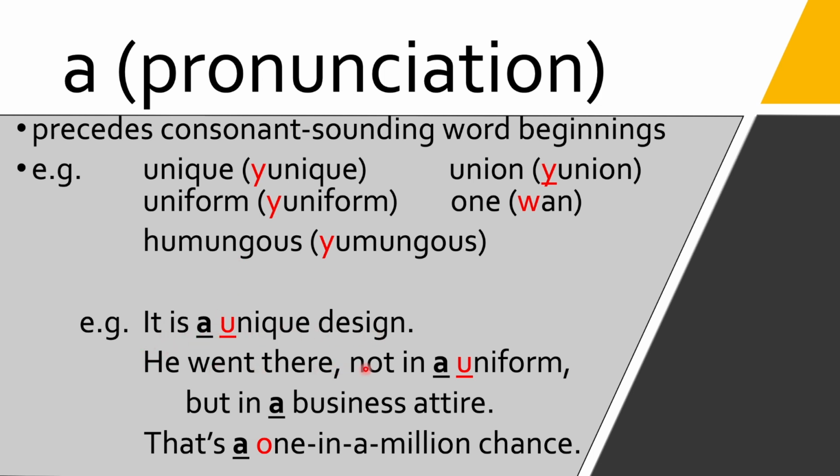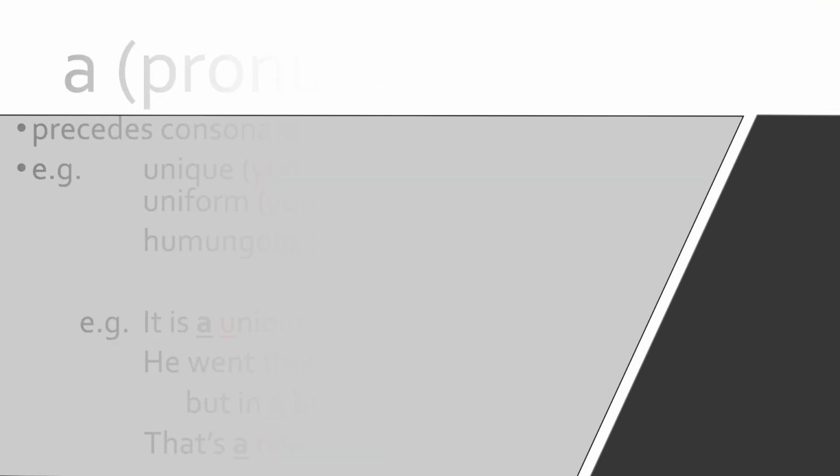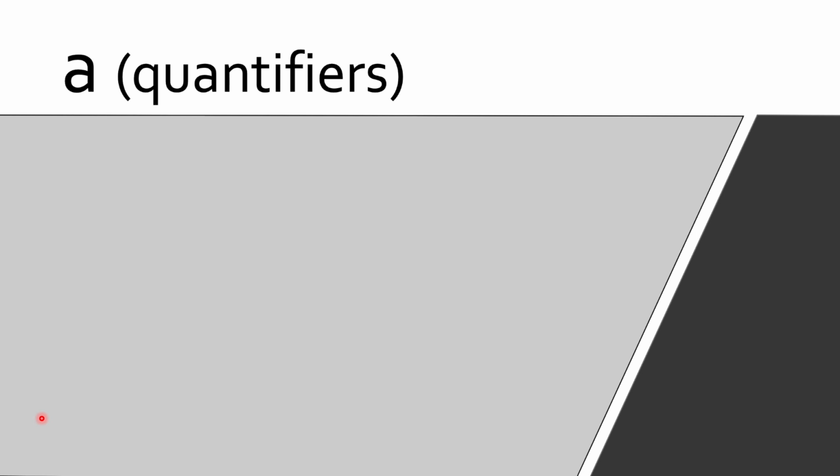He went there not in a uniform, but in a business attire. So a uniform, not in an uniform. So it's already wrong. The third one, that's a 1 in a million chance. So A1. Okay, I have explained it already. That one is like having this consonant W here. Okay, so everything's clear, guys? Okay, so let's move on to the next one.